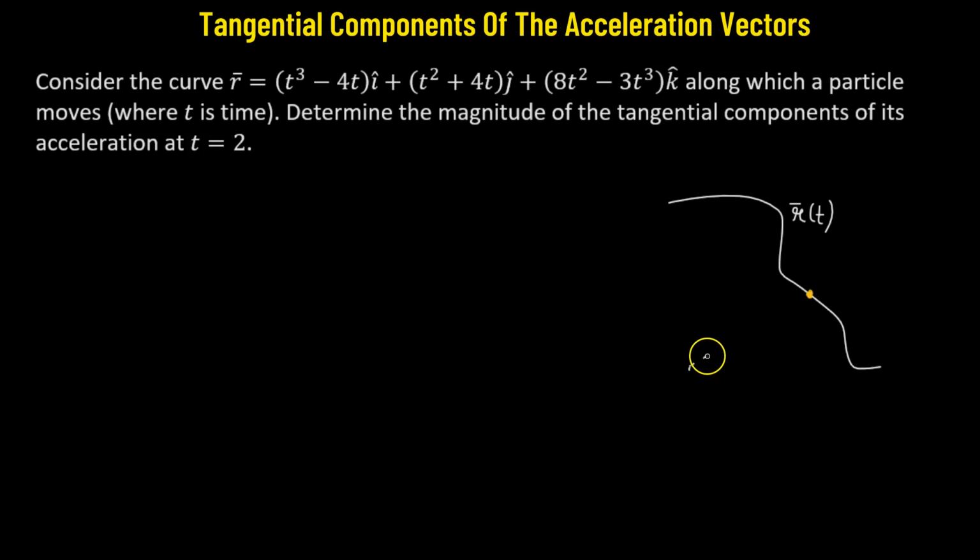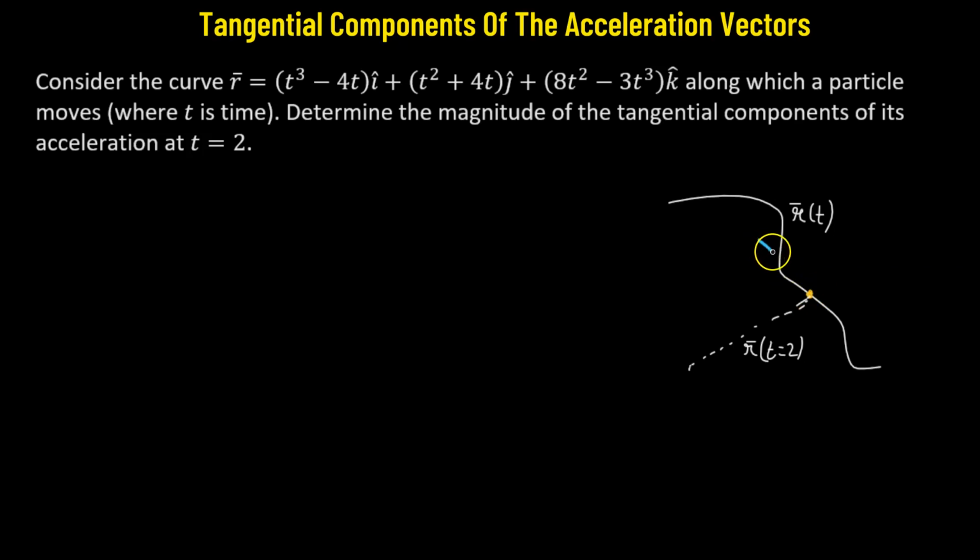So that means, let's say, this is the position vector of that particular point calculated at time t equals 2. Now, what will be the tangent to this curve at that particular point?